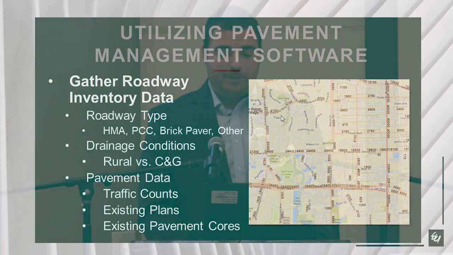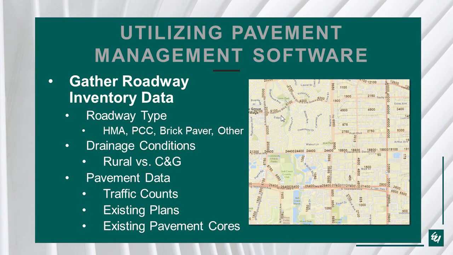Other important information would be roadway type. That's going to determine what sort of rehabilitation options you might have. Analyze your drainage conditions. Is it a rural pavement section versus a curb and gutter? That will change your cost per square yard that you would typically use in the software to determine your cost for each roadway.